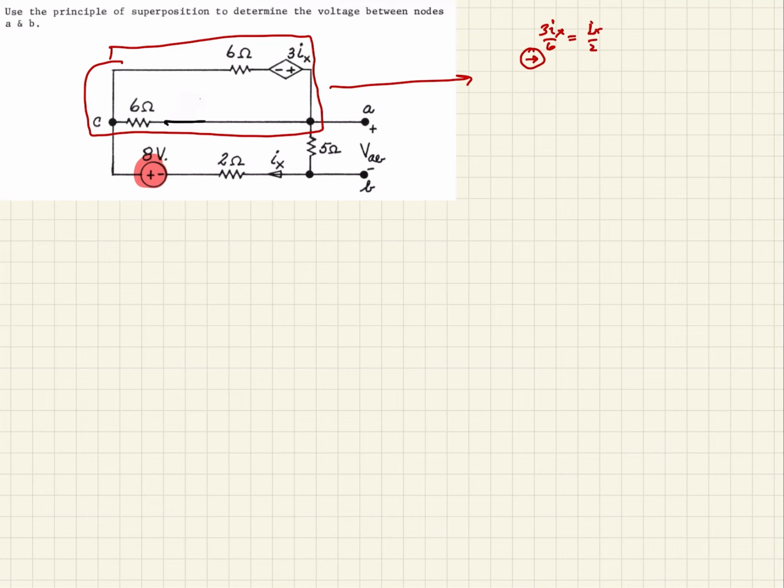And then that's going to be in parallel with the original resistor, which was 6 ohms. And then we draw the bottom 6 ohms. It's going to stay in place right there.